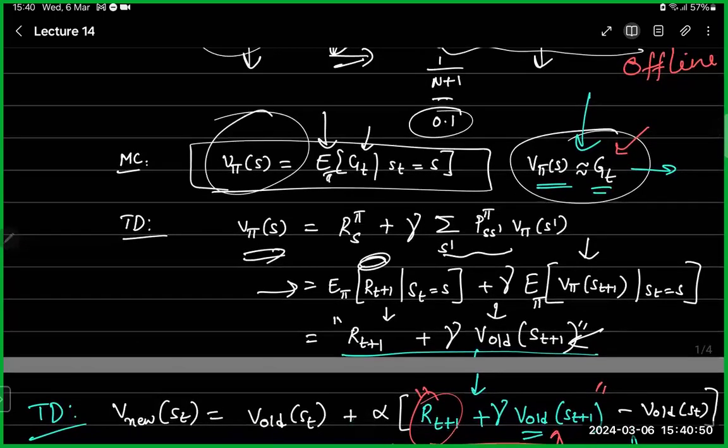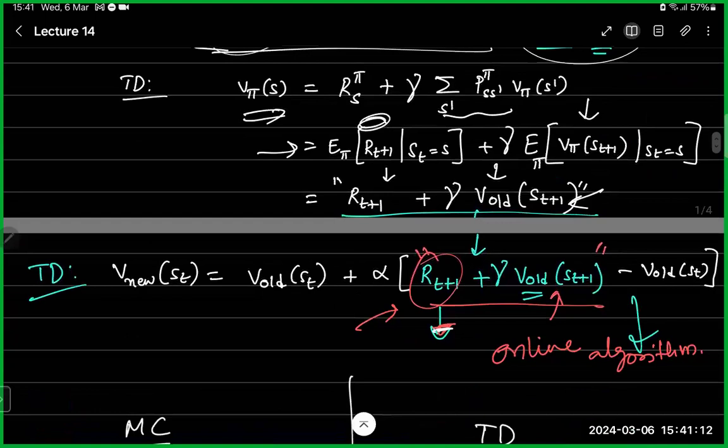We were just looking at what to substitute for each value in this. Instead of R pi of s, we substitute one sample for that, which is R t plus 1. And then we had the expectation of V pi of s t plus 1 given s t equal to s. Instead of that, we just substituted V old of s t plus 1. So we had this general template, which is V new equal to V old plus alpha into your new estimate minus your old estimate, right?